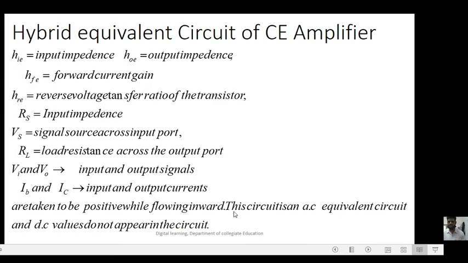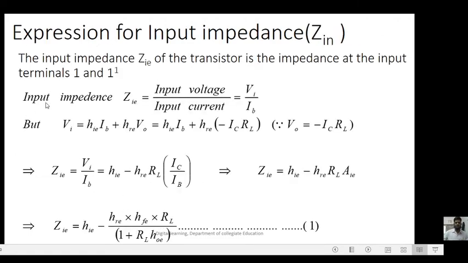This circuit is an AC equivalent circuit, and DC values do not appear in the circuit. Here the input impedance ZIE of the transistor is the impedance at the input terminals 1 and 1 prime.